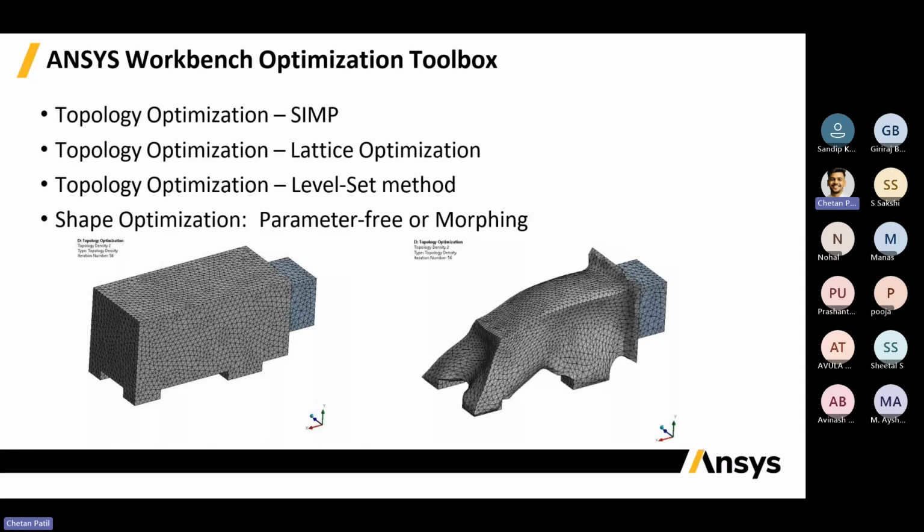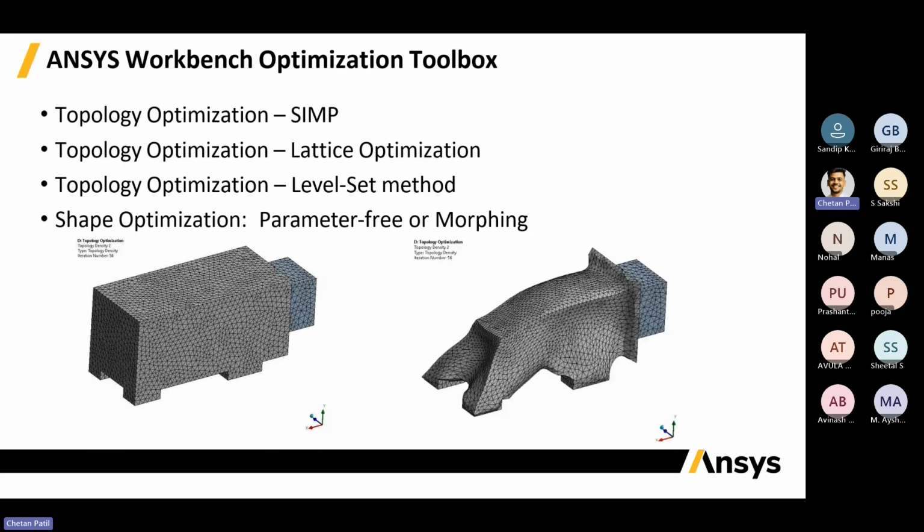So your model will be converted to a lattice structure. That's why it takes more time to generate the optimization. Its strength won't get reduced, but its mass will be reduced by a large factor. So for that, lattice optimization is used so that the model also looks a little bit better in terms of topology.